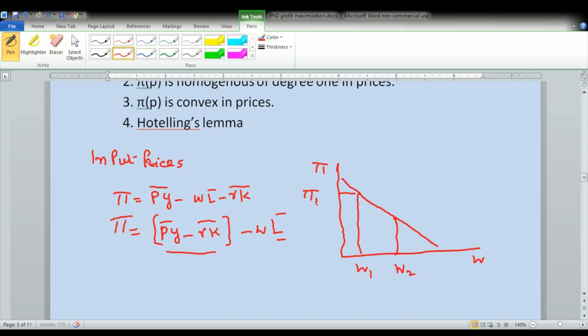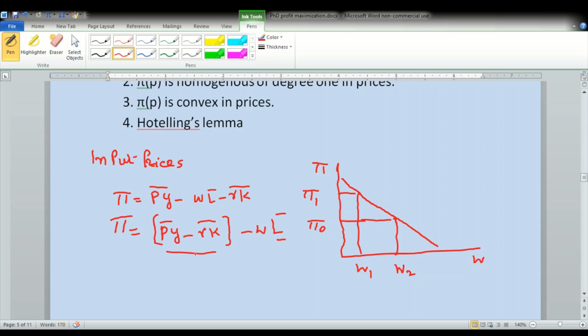This is your pi 1 and your profit falls down from pi 1 to pi naught. So this is the decrease in profit, a linear decrease happening when you are not adjusting your output.